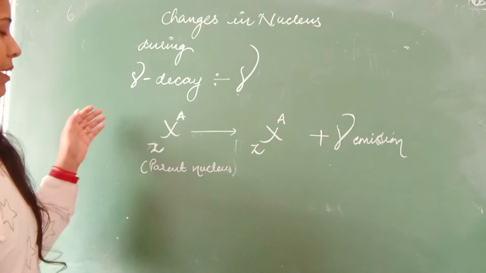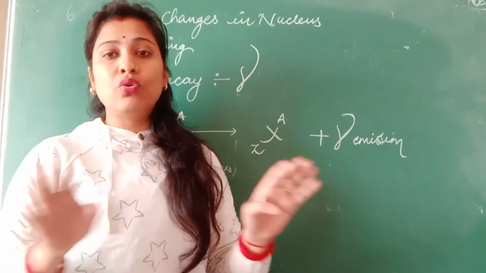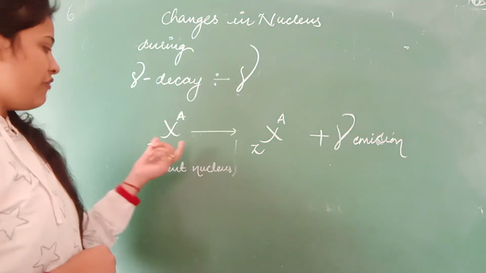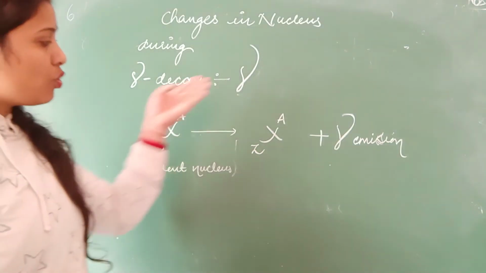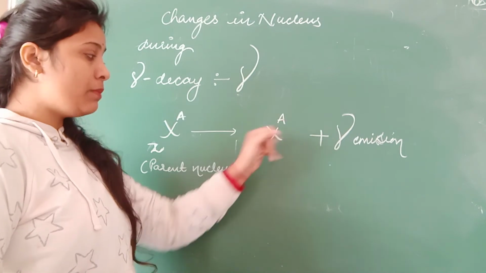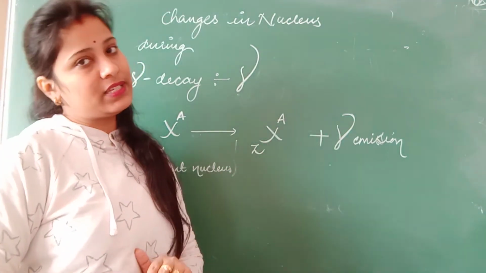Now what about gamma decay? In gamma decay, it is basically denoted by gamma. There is no change in the atomic number or the mass number. Therefore, when a parent nucleus undergoes gamma emission, there is no change in the mass number or the atomic number.